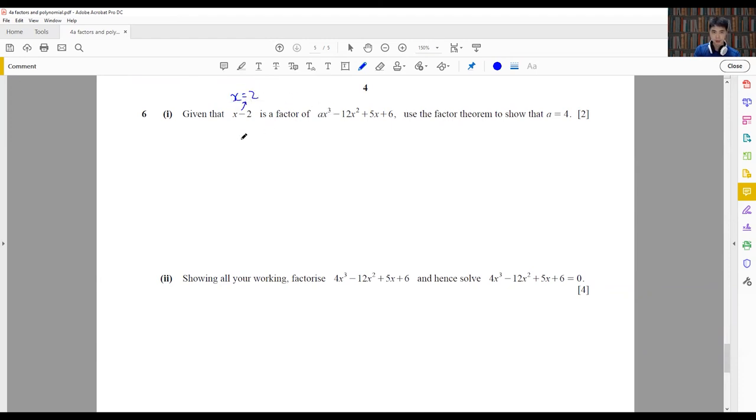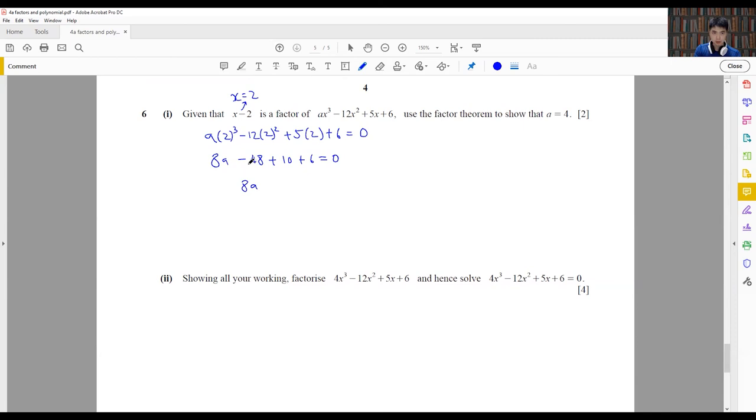Substitute it into your equation. a times 2 cubed minus 12 times 2 squared plus 5 times 2 plus 6. This is equals to 0. Calculating this, 8a minus 4 times 2, 12, 48 plus 10 plus 6 equals to 0.